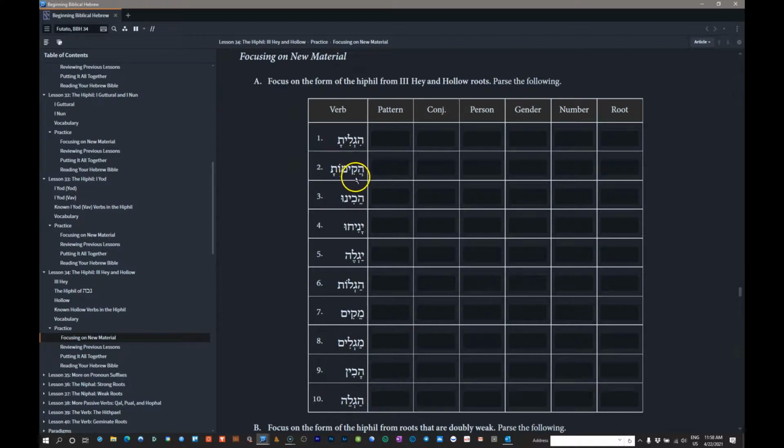So you get the hireq yod where you would usually see the shureq or the holem vav. The Hiphil is going to impose a hireq yod on these hollow verbs. And of course, the prefix is going to reduce here because it's pro-pretonic. It can't actually hold a short vowel. It has to have a reduced vowel. But it is interesting to me that it shifts to hatef patach rather than hatef segol.